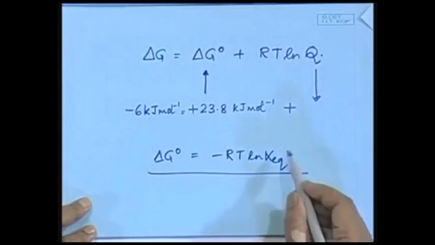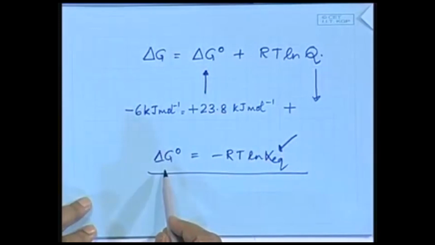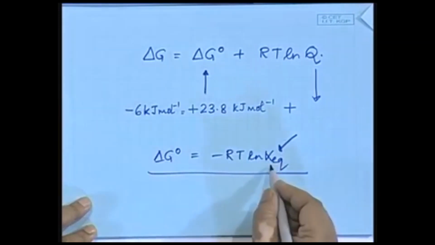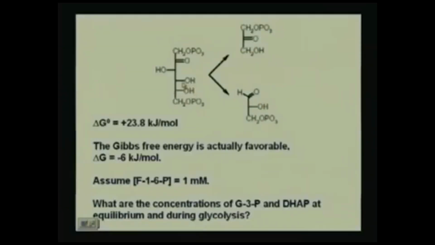Okay. So I can get this because I know what my delta G0 is. So I can get the ratio of the products to the reactants based on considering a 1 millimolar concentration of fructose 1,6-bisphosphate, and I can also find the same ratio during glycolysis where my reaction is actually favorable.